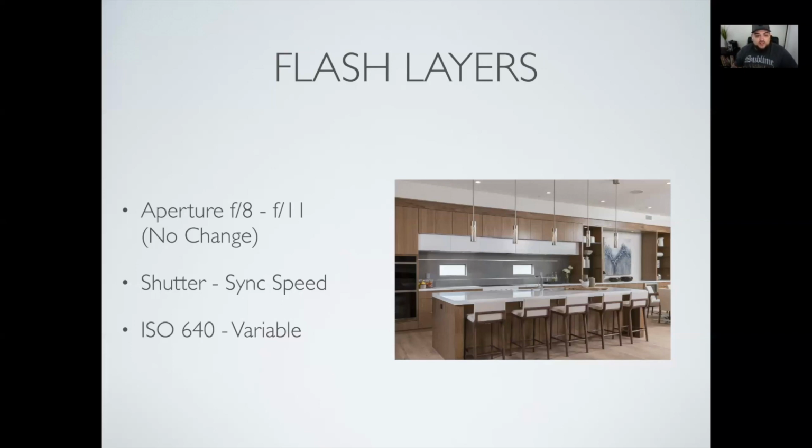ISO for flash layers, I leave it at 640. But this is also a variable, like what I was talking about with the flash. I want to be in the middle so I can go up or down. If I need to bring the exposure down, if the windows are still too bright, I can go down to ISO 320, or 160, or even 100.